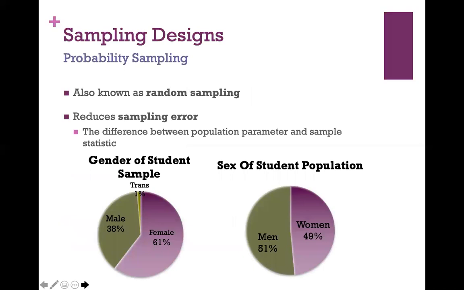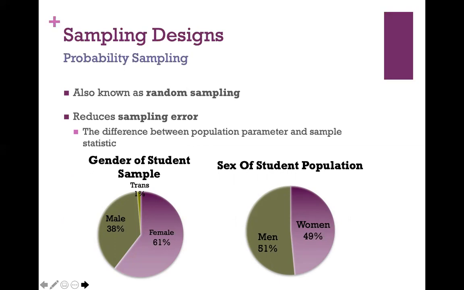So there are two major kinds of sampling designs. There's probability sampling and there's non-probability sampling. Probability sampling is also known as random sampling, and it's often regarded as a better kind of sampling, so sampling with higher external validity because it reduces sampling error.